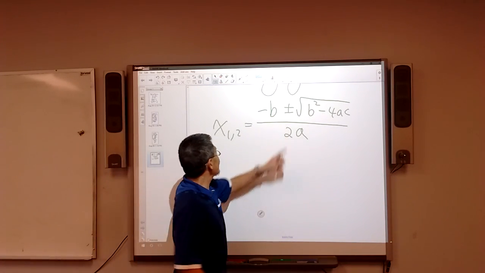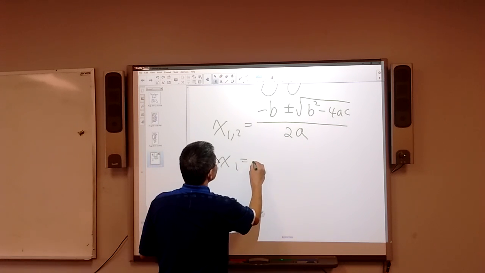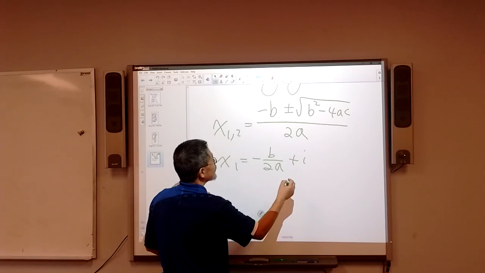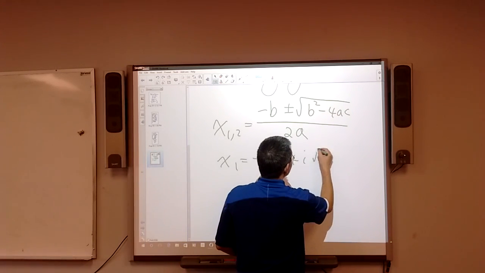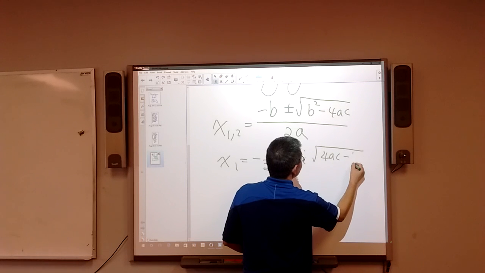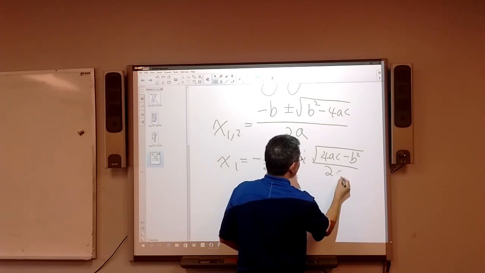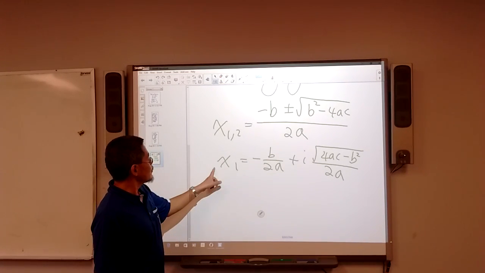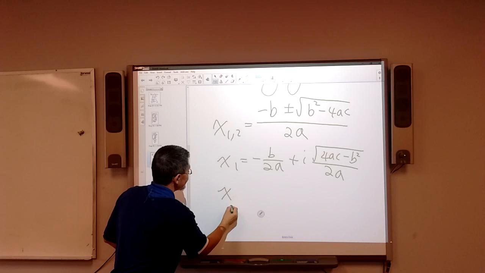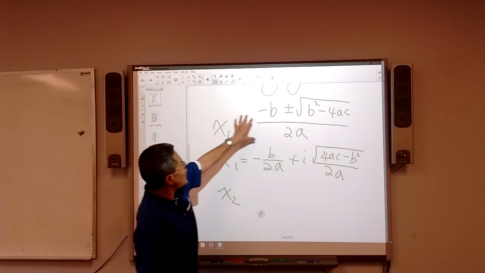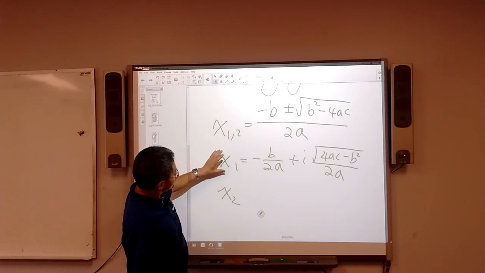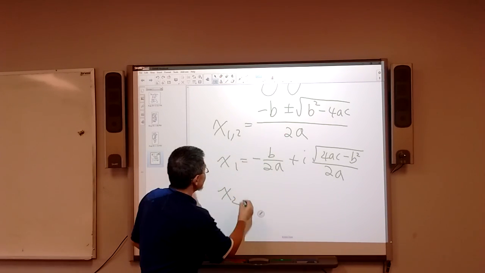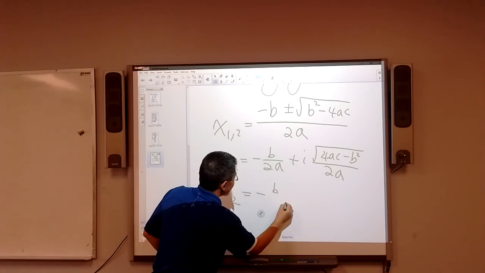But if you look here, one is minus b over 2a plus i times the square root of 4ac minus b squared over 2a. This is one. Where do we get that? From here, there are two. This is a combined form. We separate them out. One complex zero is this, positive. Another complex zero is this, with the minus.